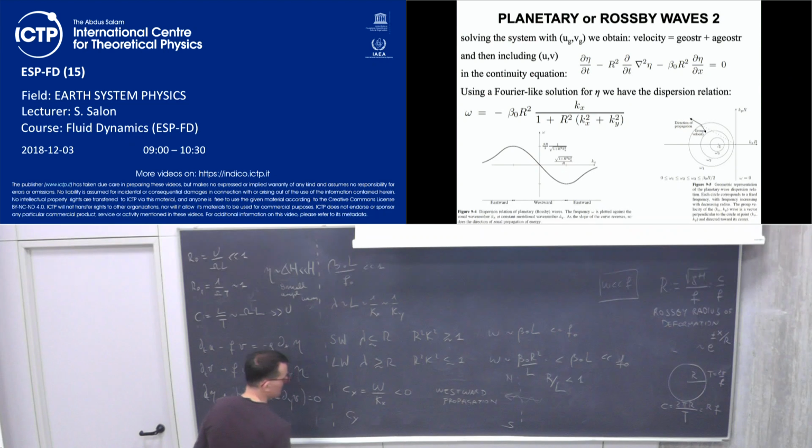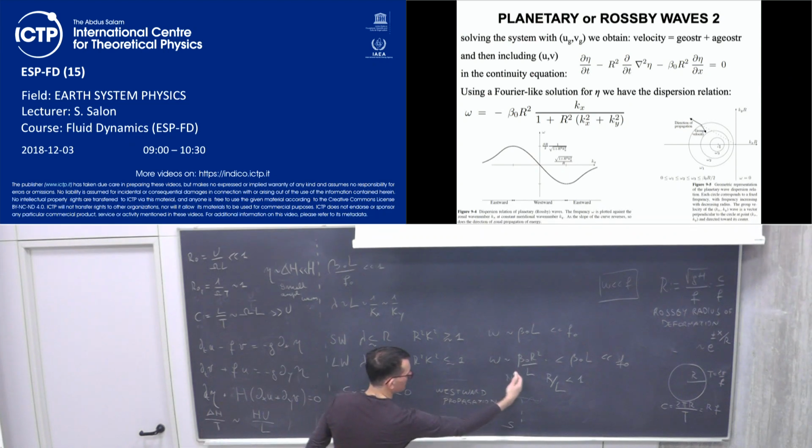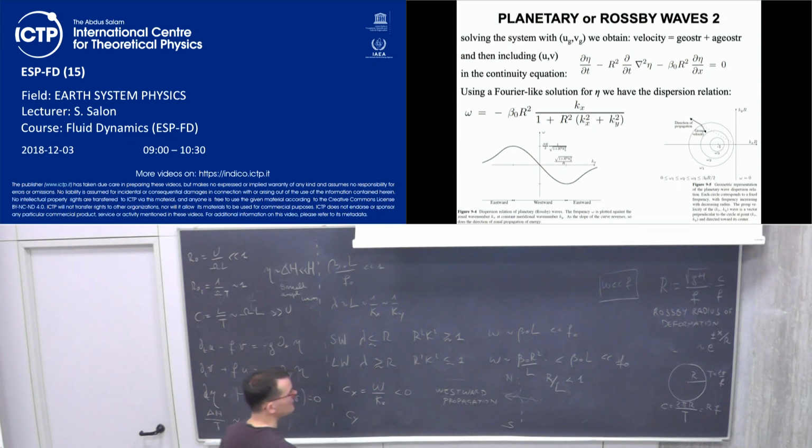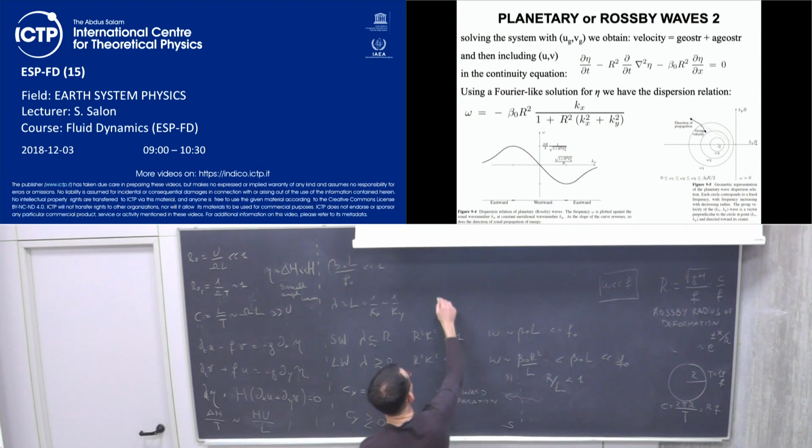While the propagation along y, I mean the meridional direction, can be positive or negative because we cannot find any hint about the propagation along y. Most important thing is if we consider the group velocity, which is the derivative of the frequency with respect to k.